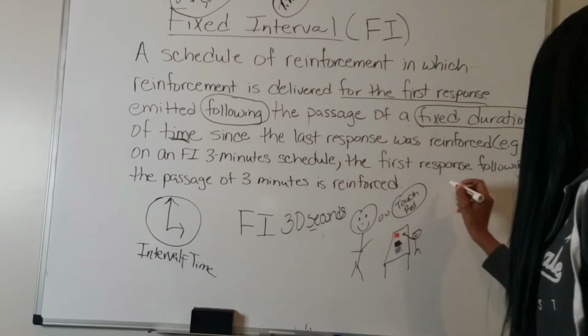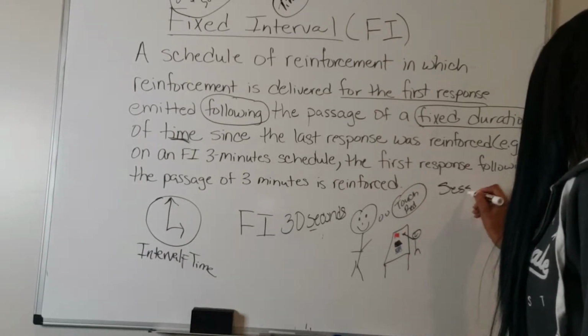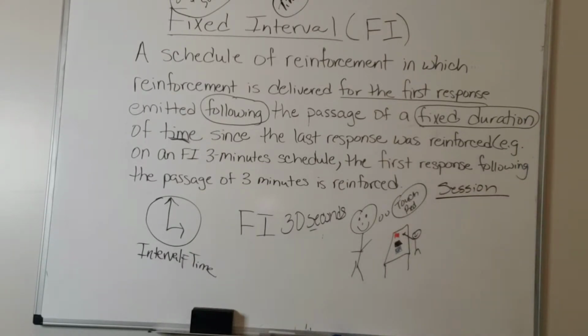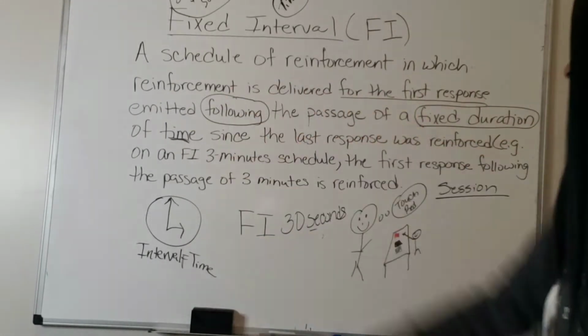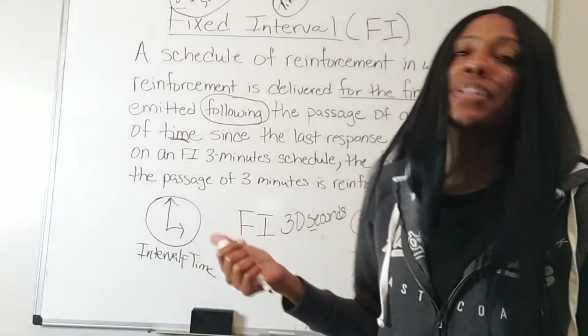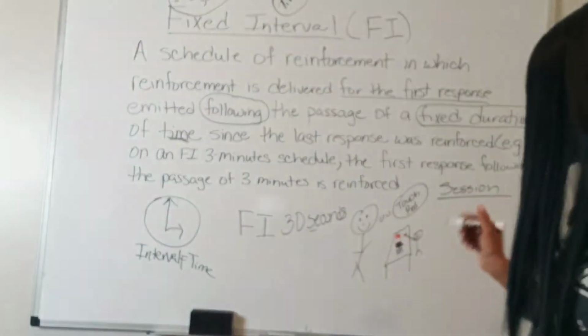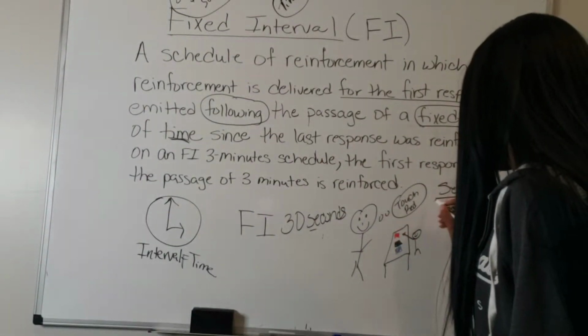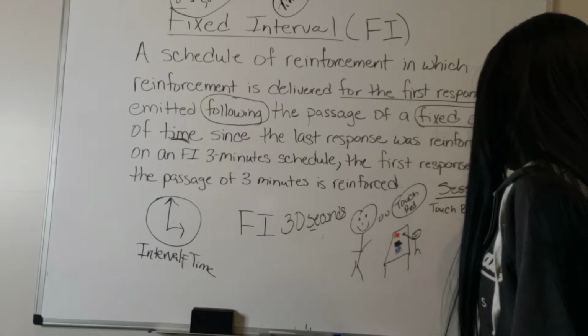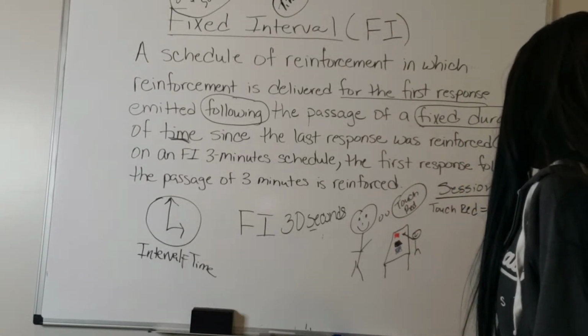So let's start a trial. Let's just write a whole thing. So we have a session. We're getting ready to start. Okay, it already tells you that it's for the first response emitted. So before you start, you've got your stopwatch and you say, touch red. They touch it. Then you're going to reinforce.